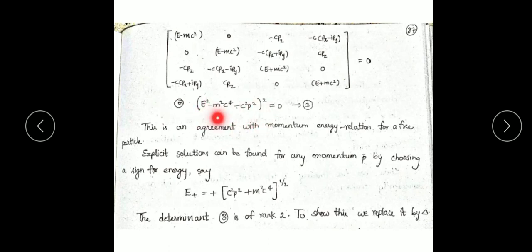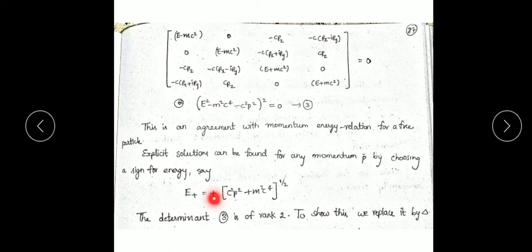If we simplify, E² would be equal to p²c² plus m²c⁴, that is, E equals the square root of p²c² plus m²c⁴. As we get a square root, it would be plus or minus. If we take the plus square root, that is nothing but positive energy.